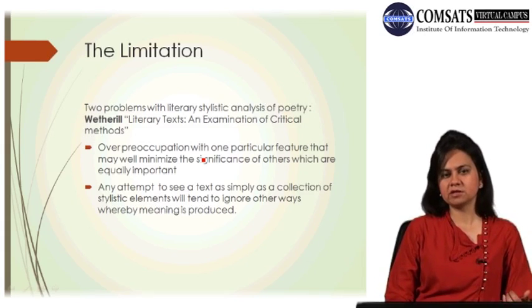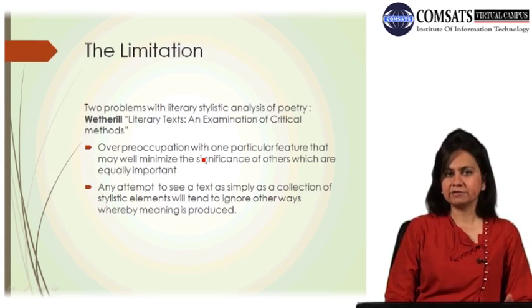Look at it from the perspective of an example, the same example that we discussed in the last lecture, the poem by John Donne, A Valediction: Forbidding Mourning. Now if a stylistician picks up analogies, metaphors and conceits used by Donne in the poem, he would focus his attention only on what meanings these curious uses of language, for example the deviations or the foregrounded feature of the conceit, reveal.